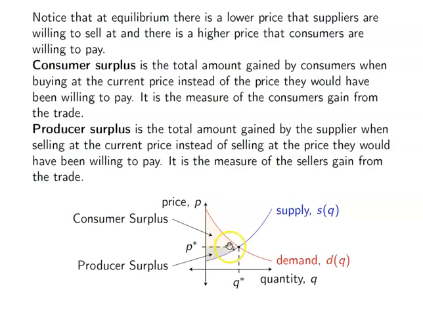That's how much money I saved by purchasing at this level instead of up here somewhere. And the producer surplus is down here. They were willing to sell low, but they actually sold up here. So from this line below is how much they gained out of selling at this amount. That's how you would want to look at this graph.